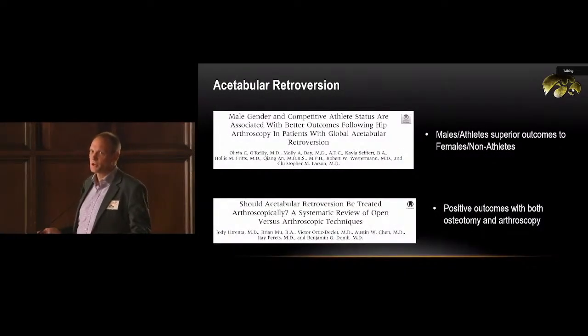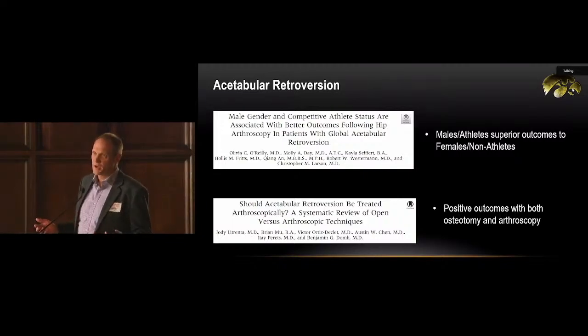There is literature, a lot of clinical outcomes reported in patients with acetabular retroversion. This is a study that Robbie did of Chris Larson's patients. Looking retrospectively, comparing global retroversion to standard FAI cases, they found that males, as well as athletes and patients with femoral retroversion, had superior outcomes to females and non-athletes.